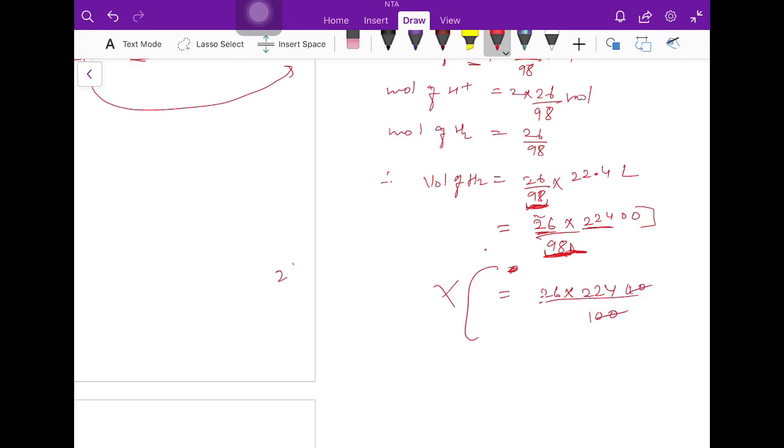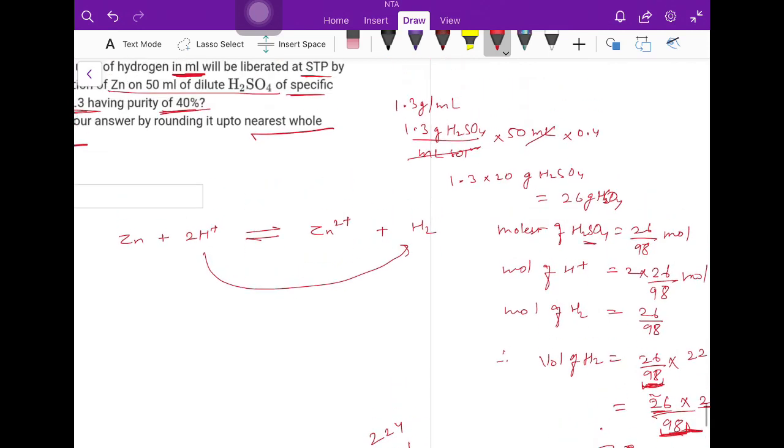So 26 into 224 gives 5824 milliliter. So the answer should be like this only.